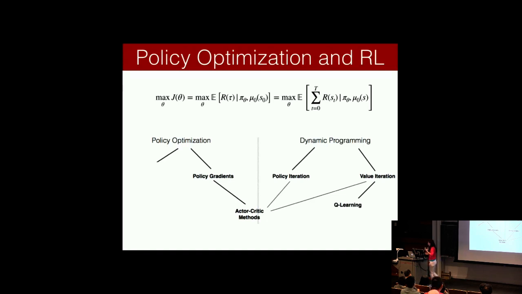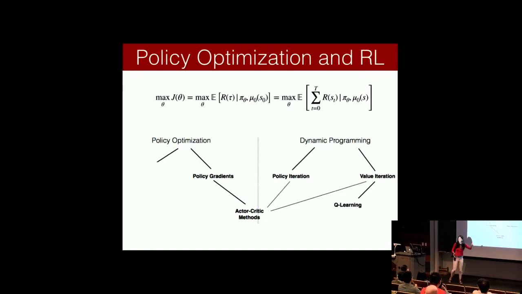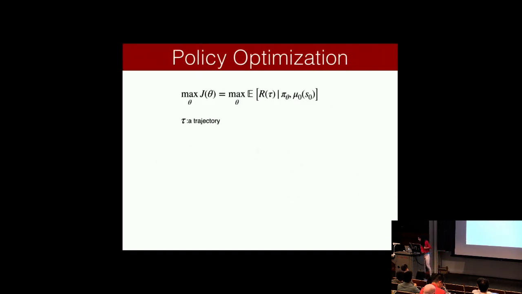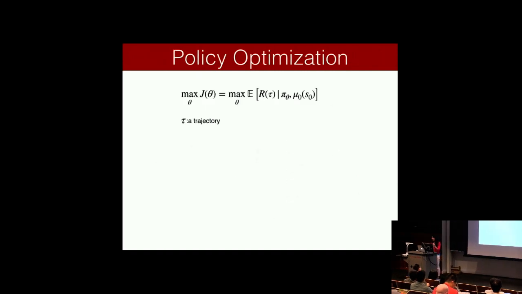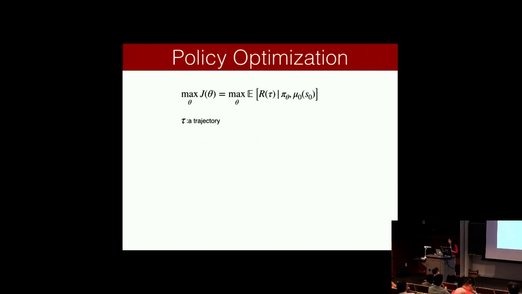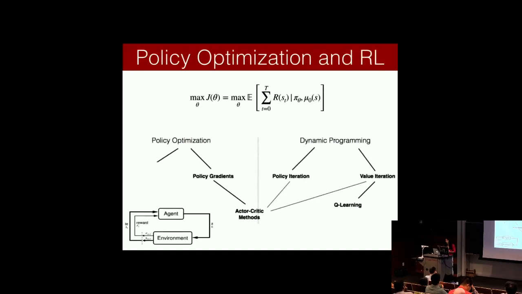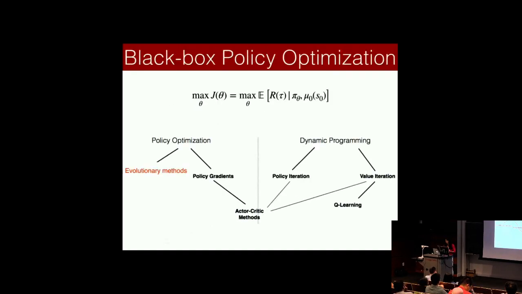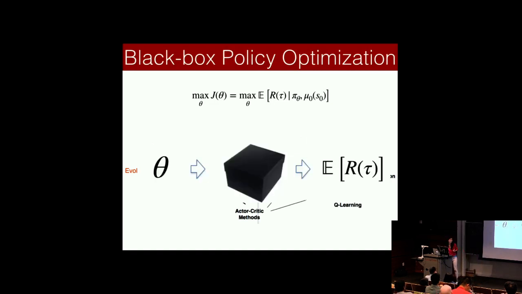Now, all of those have broken the returns, or many of them at least, into time steps, and they try to take gradients. What we're going to see in this lecture is that there are methods that just consider the following black box maximum.